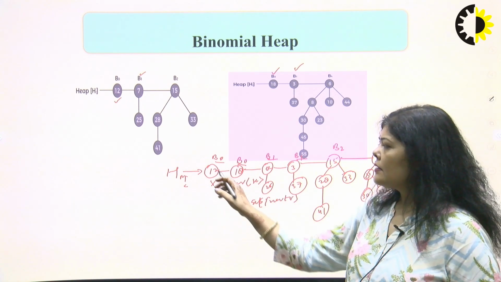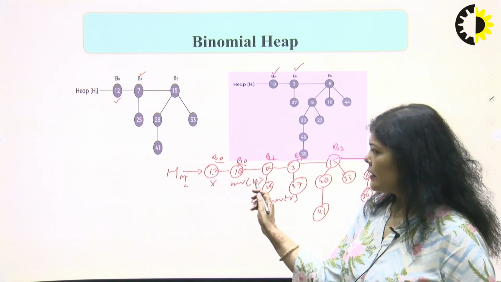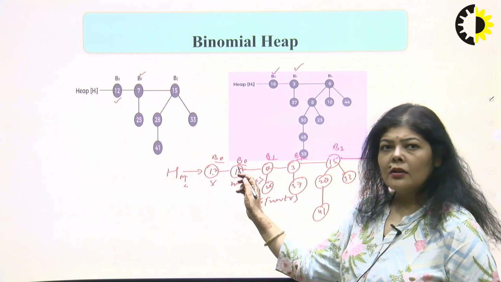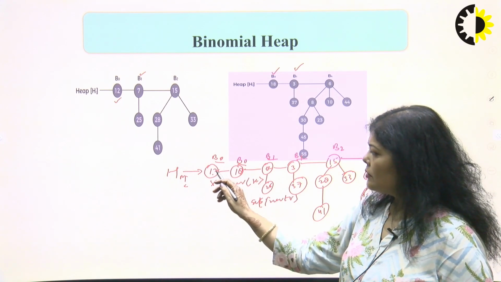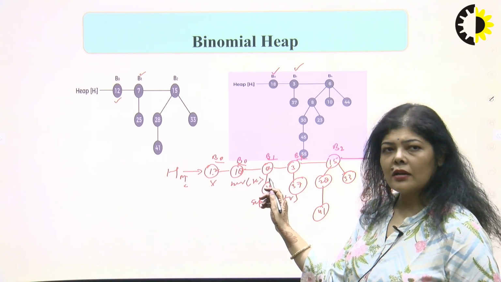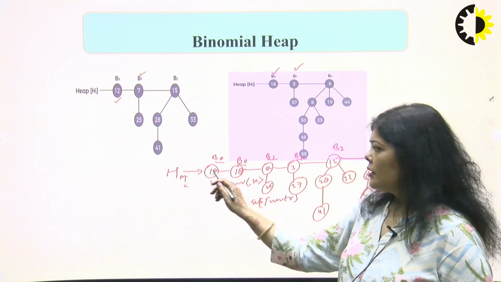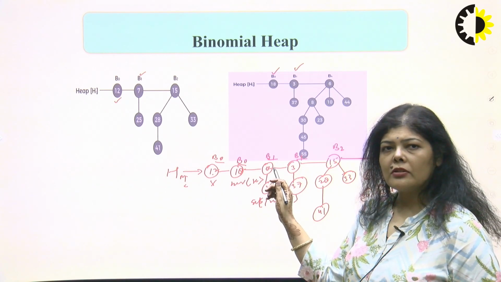So the first case says that we compare the degrees of x and next x. Both are equal, so case 1 is not applied here. We are again checking degree of x, next x, and sibling of next x. Are they equal? No, they are not equal. These two degrees are equal, but this is not. So case 3 or 4 is going to be applied here.